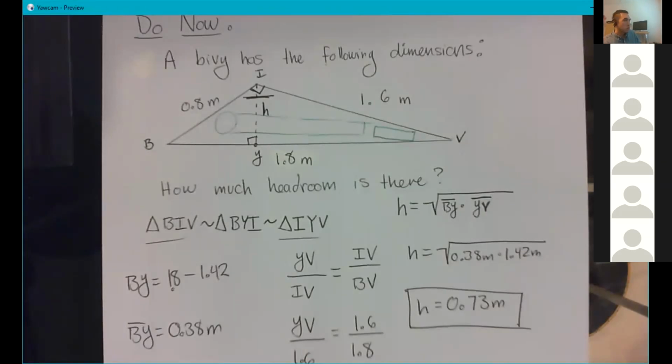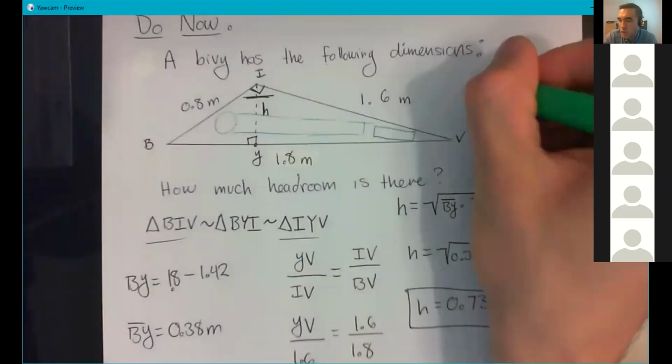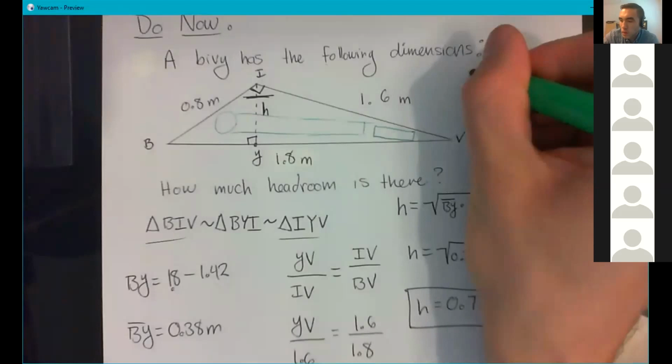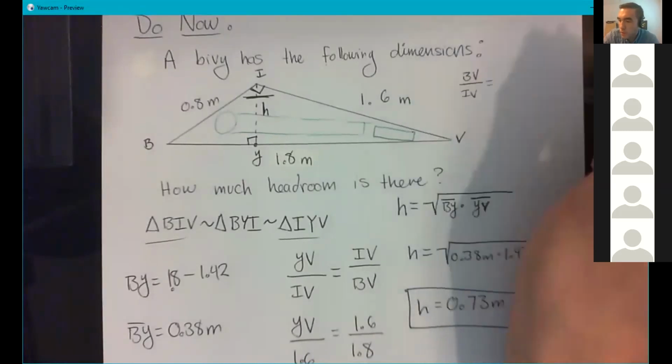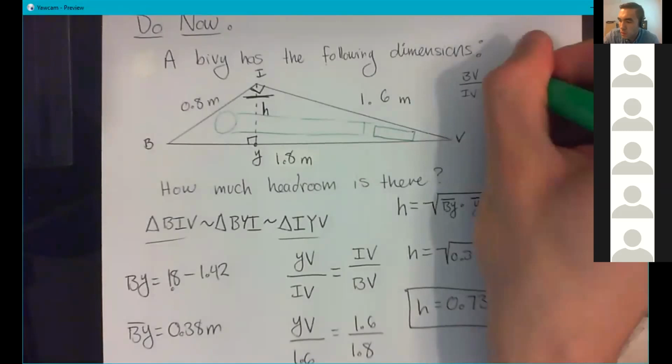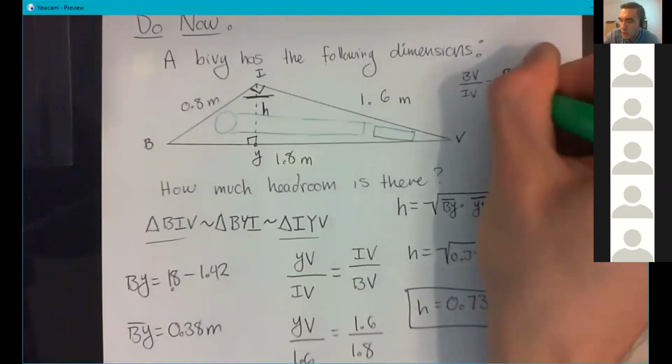Huh. And I got 32 over 45, which is like 0.1111. Wait a minute, I'm sorry. Say your proportion one more time. I shouldn't have done it in my head. I got 1.8 over 1.6. Hold on. So you got BV over IV, okay? Equals 0.8 over x, equals BI over BY.